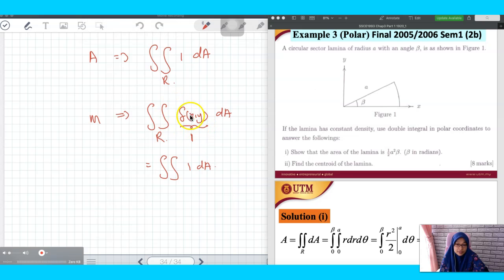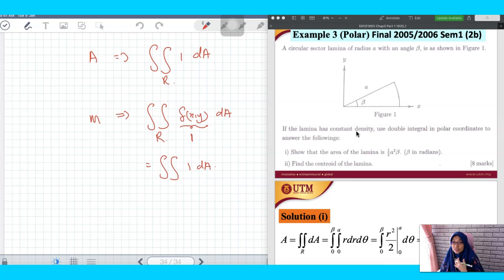Why can we have the density constant or equal to 1? Because it is stated that the density is constant. Remember, from the previous video I already explained the terminologies: the center of mass, or sometimes we call that the center of gravity. Sometimes we don't say center of mass or center of gravity, but we say centroid.